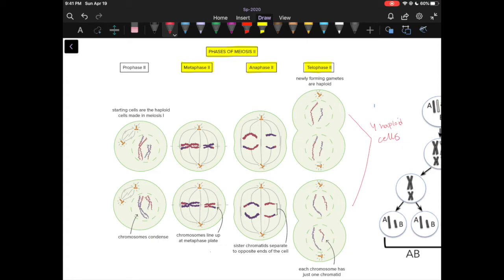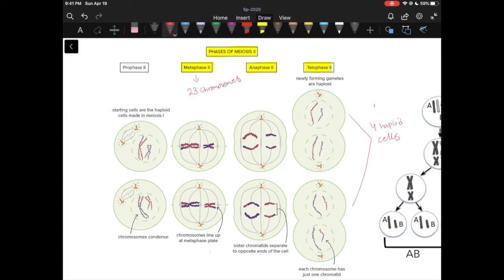Okay, and something important to note is that we started off metaphase 2 with only 23 chromosomes. So here in metaphase 2, we only have 23 chromosomes in both cells. We don't have the 46 chromosomes that we would see in mitosis when the cell is going to divide.